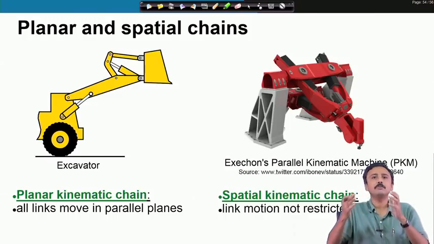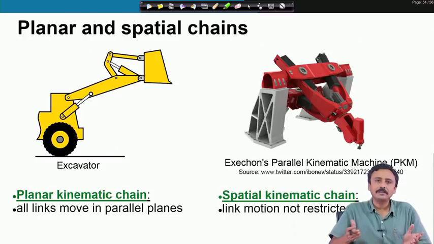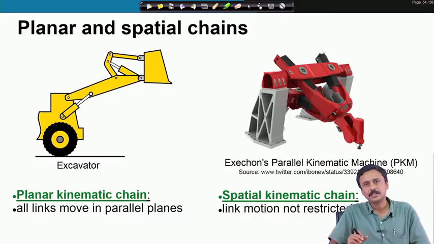You can have arbitrary motion, it will come out of this plane, it is not restricted to any plane, and that is what is required in order to generate complicated motion profiles for the tool. So, in a spatial kinematic chain, the link motions are not restricted to any plane.